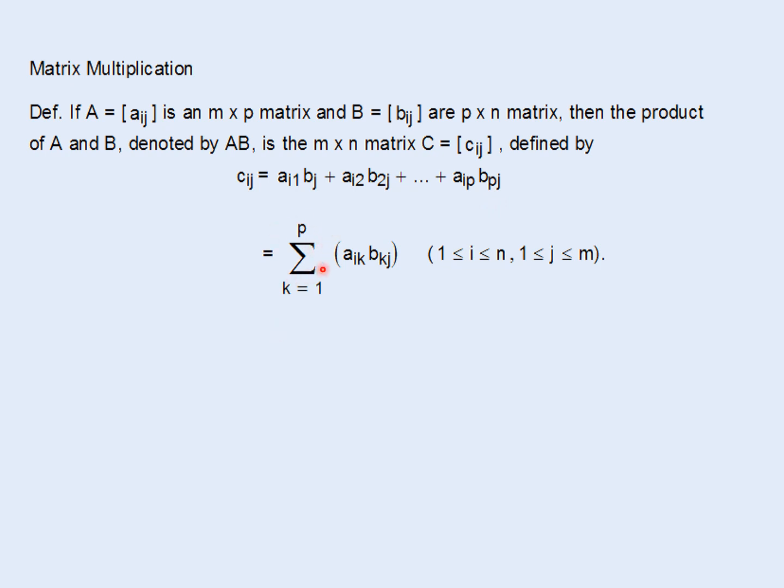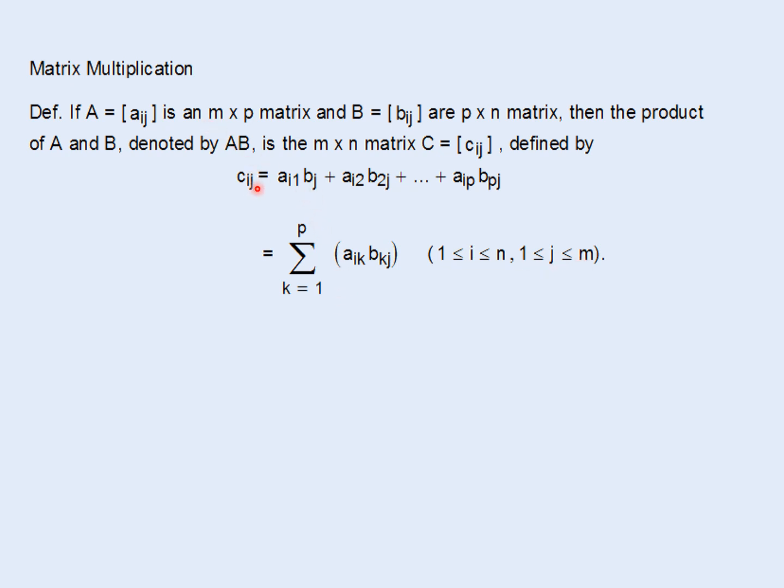In a more compact form, that is equal to the summation of A sub ik, B sub kj, where k is from 1 to p. I ranges from 1 to n, and j from 1 to m.